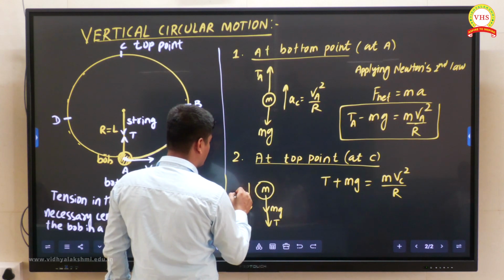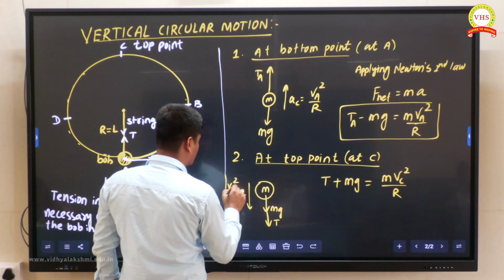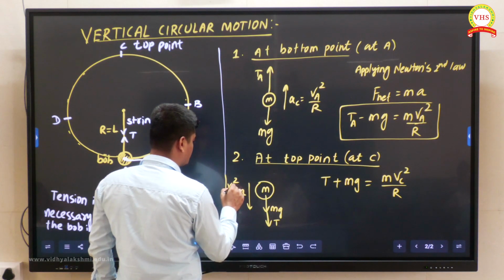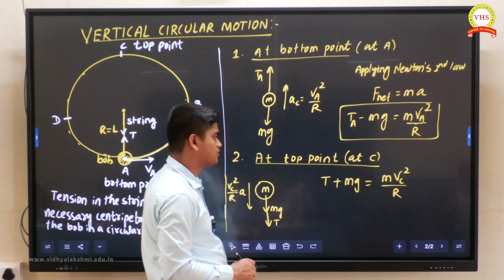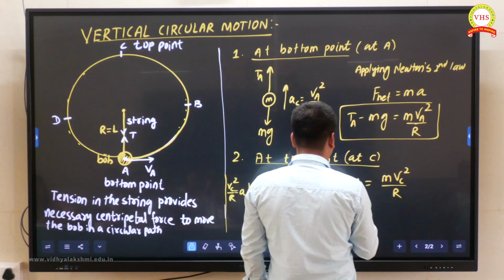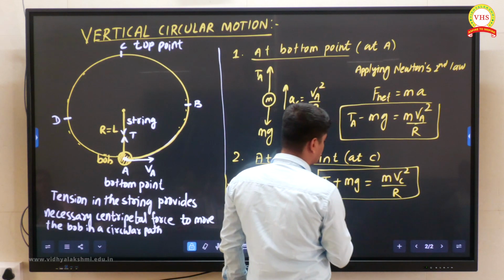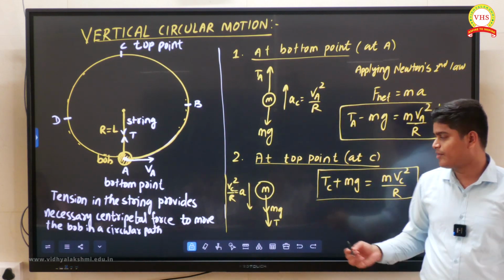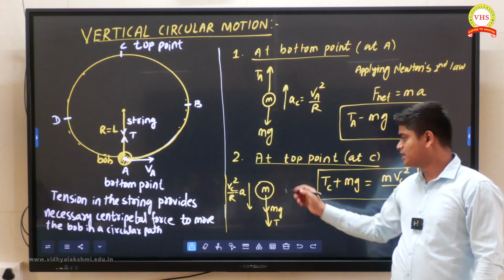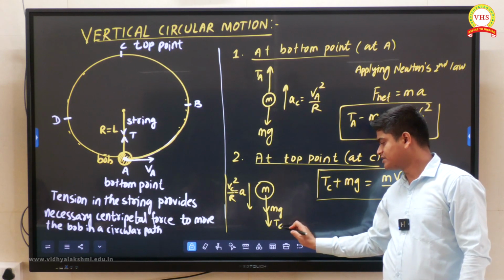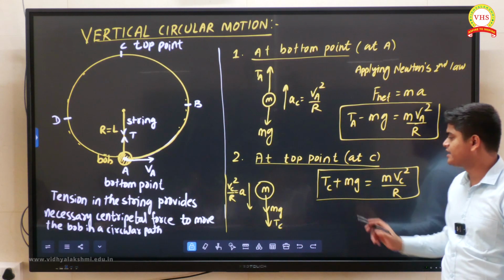And this tension I can call Tc. Why am I writing Tc here? Because I am analyzing point C, so the tension at this point is Tc.